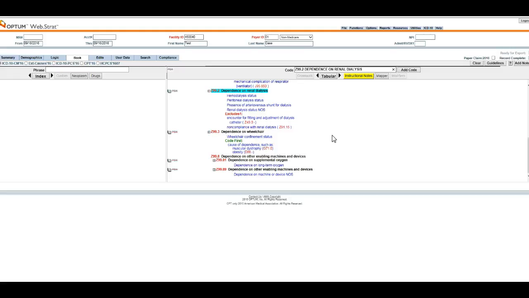So we have Z99.2 says that the patient is dependent on renal dialysis. It includes hemodialysis, peritoneal dialysis, renal dialysis status not otherwise specified. So yes, this patient is dependent on dialysis. So we have Z99.2 as well.